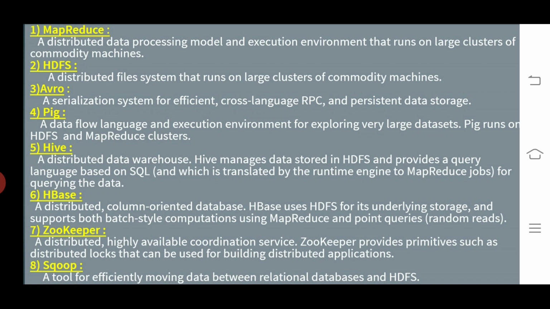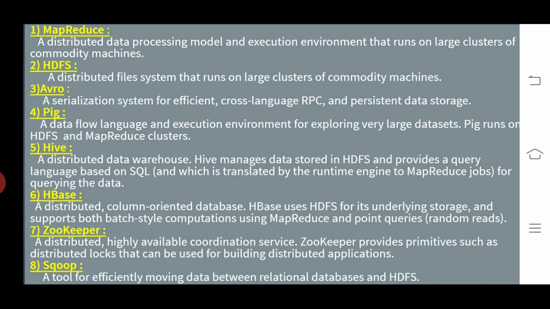A tool for efficiently moving data between relational databases and Hadoop file systems. What I mean to say, Sqoop is a data access tool for efficiently moving data between relational databases and Hadoop file systems.